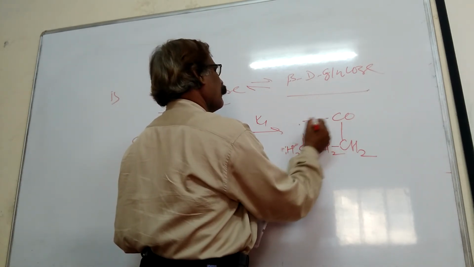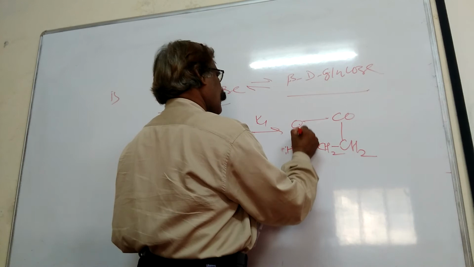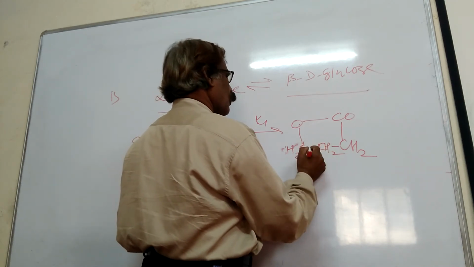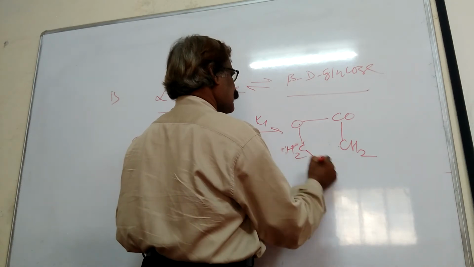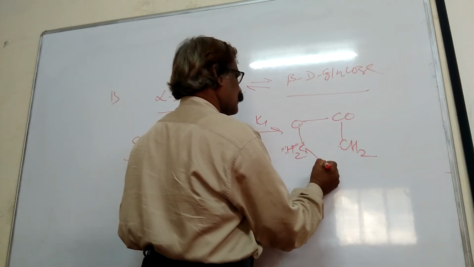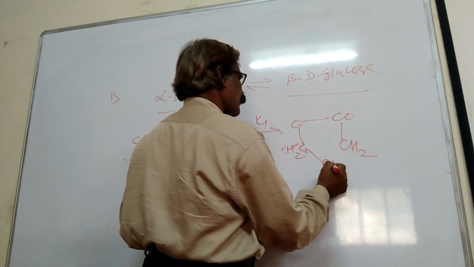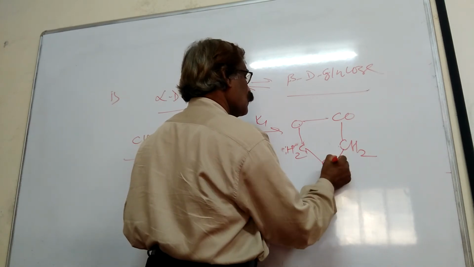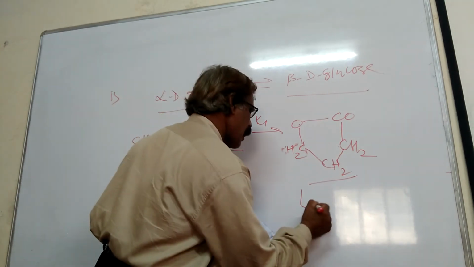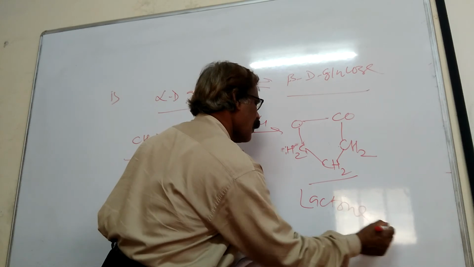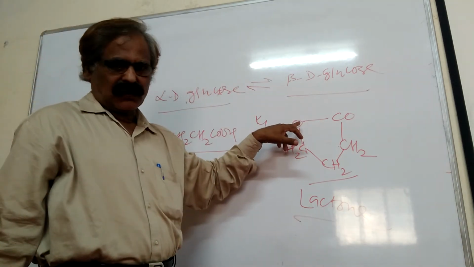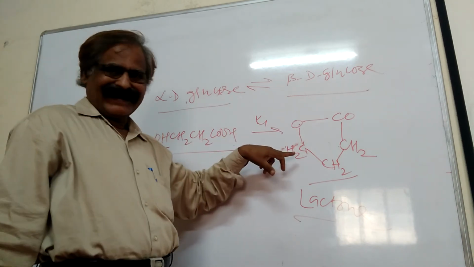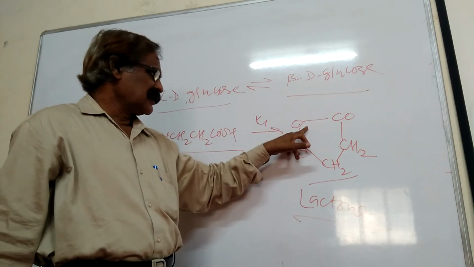This ring is known as lactone ring. A five-membered ring in which oxygen is there is known as lactone ring.